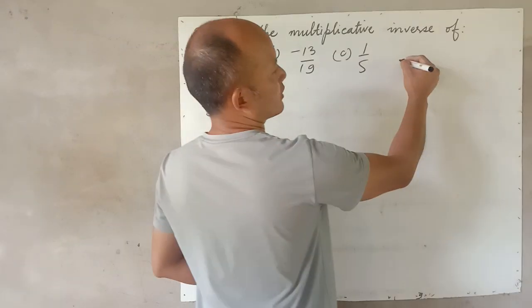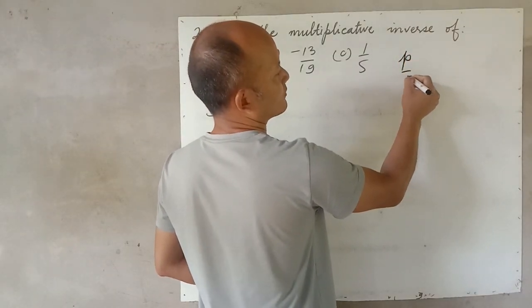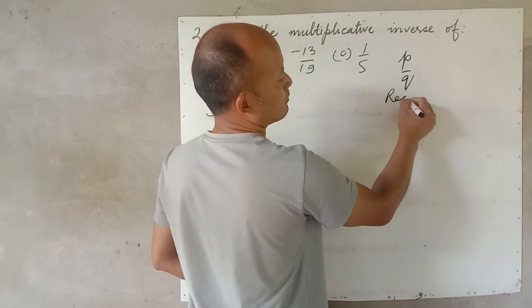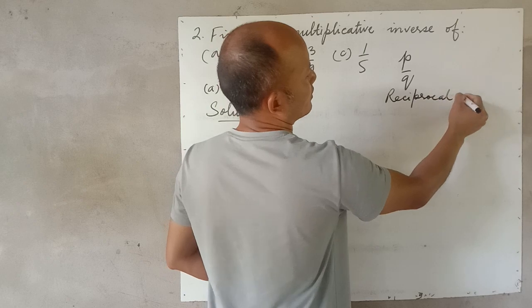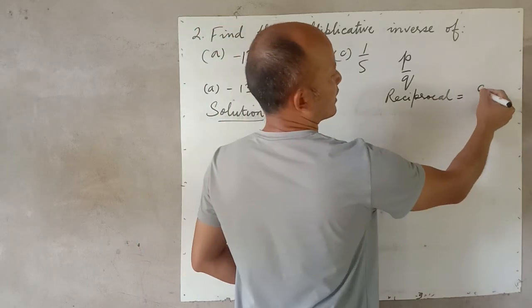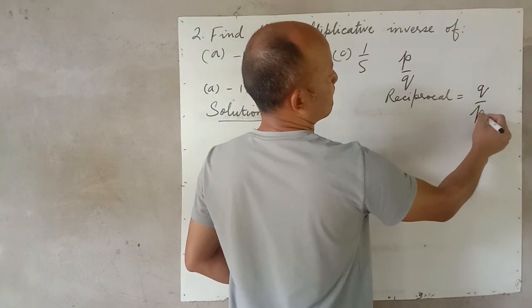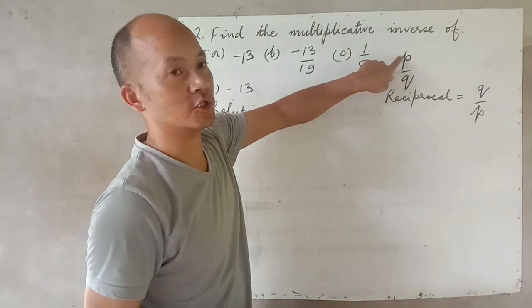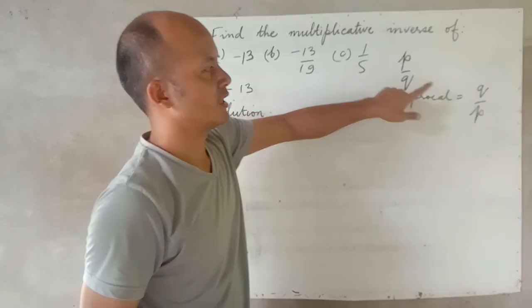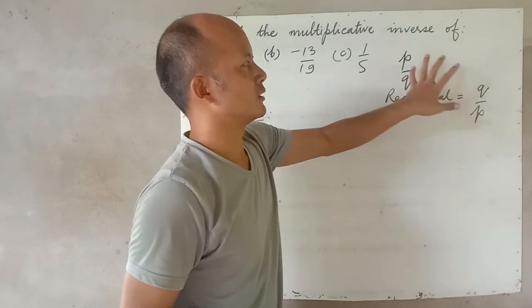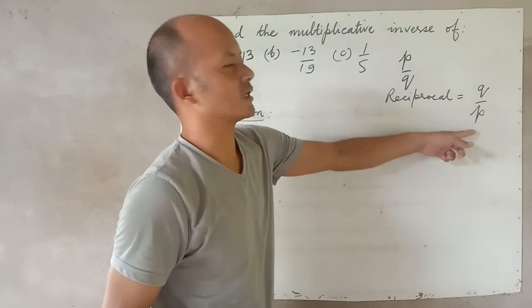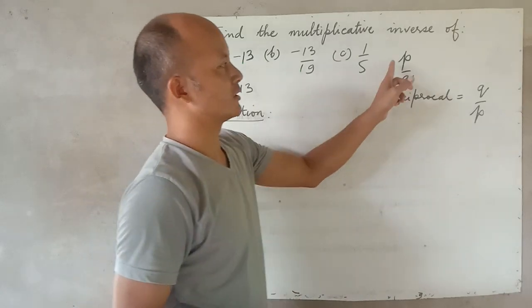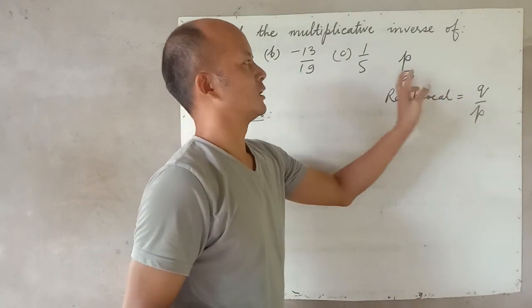Reciprocal means if you write P by Q, here the reciprocal will be Q by P. You will change the positions of the numerator and denominator, and the new number is the reciprocal. You don't need to change the sign. Here plus, here plus.